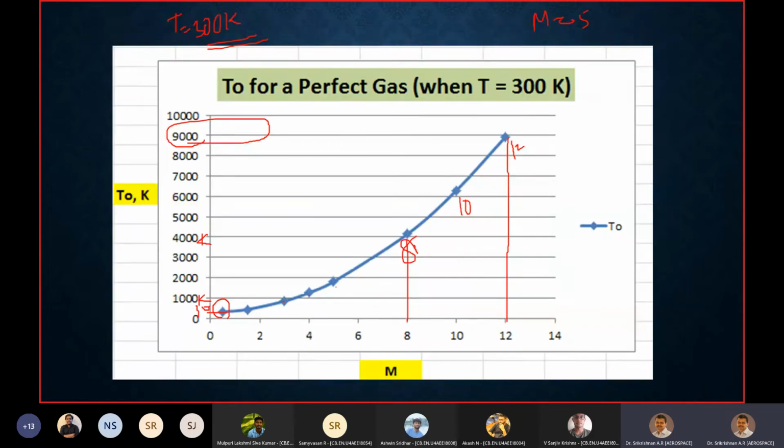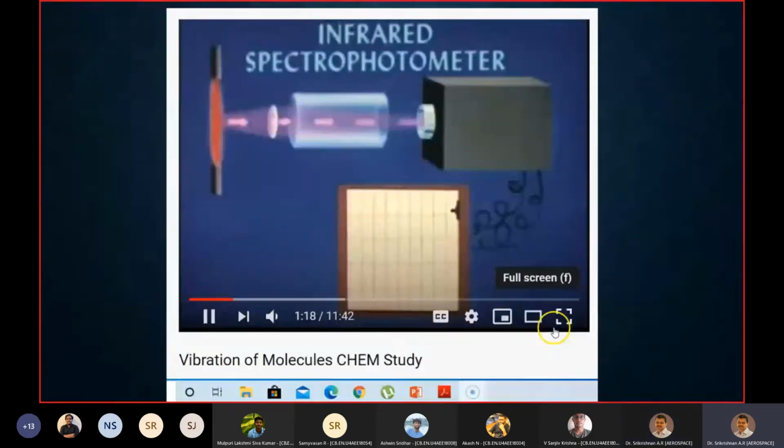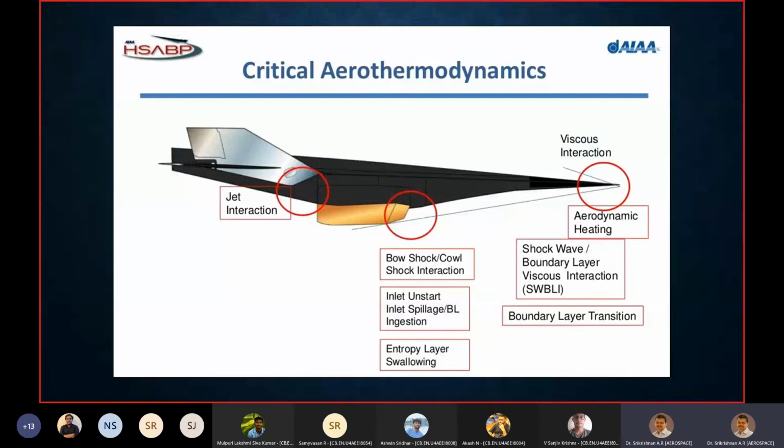So these are some of the important effects that characterize hypersonic flows. Now, in hypersonic vehicles, in their design, operation and analysis, all this will be important.